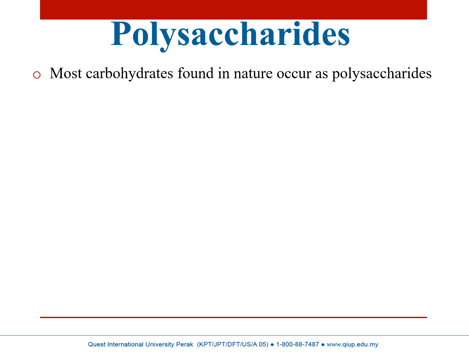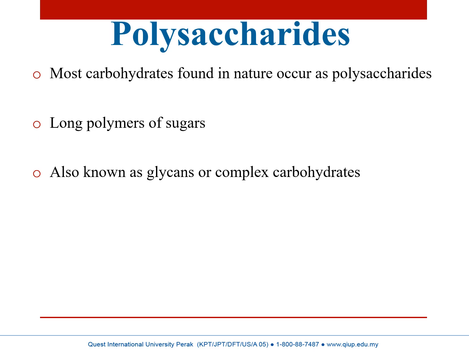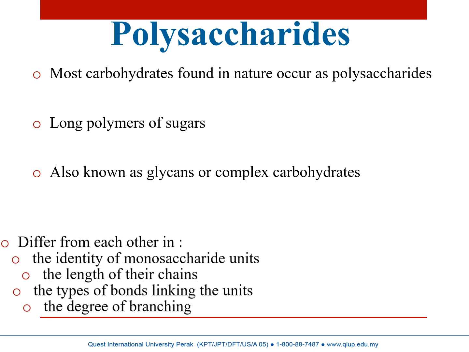It cannot be digested by many organisms, only by ruminant animals because they have microbes in their gut that have the ability to digest cellulose. They are long polymers, as we will see for glycogen, cellulose, and also starch. So they're also known as glycan or complex carbohydrate.